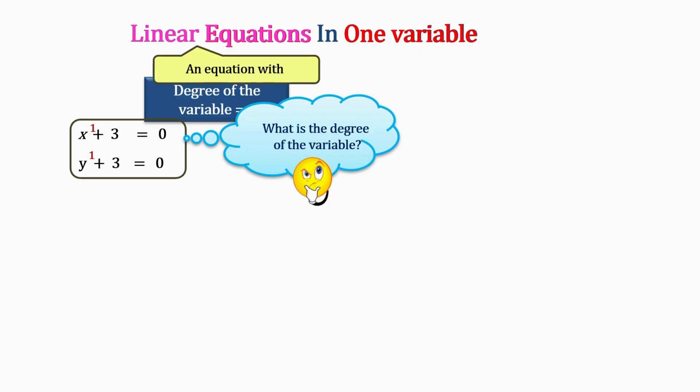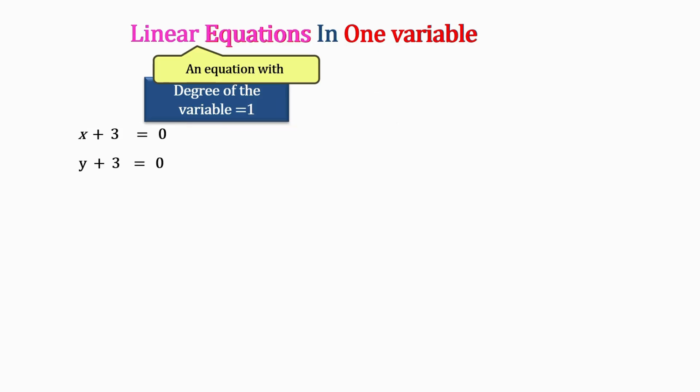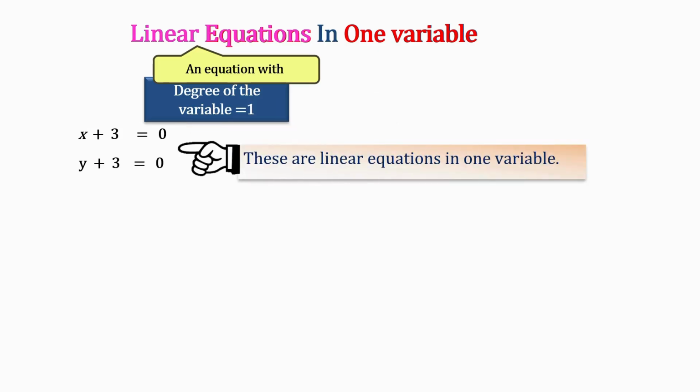Similarly, y can be represented as y to the power 1. So the degree is the power of the variable. That's why these are called linear equations in one variable, because the degree of the variable is 1 and only one variable is involved in each equation.